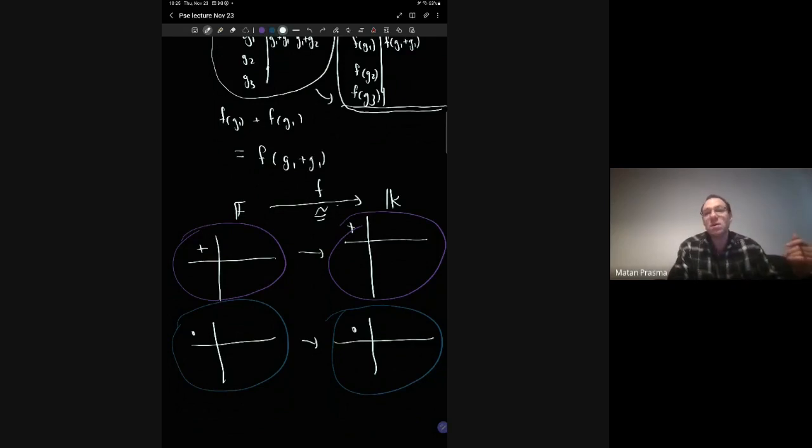Now, isomorphism and homomorphism, this is a fundamental notion in any structure we will consider. So if you talk about fields, there will almost always be some kind of isomorphism of fields involved, either in the statement of the theorem or in the proof.